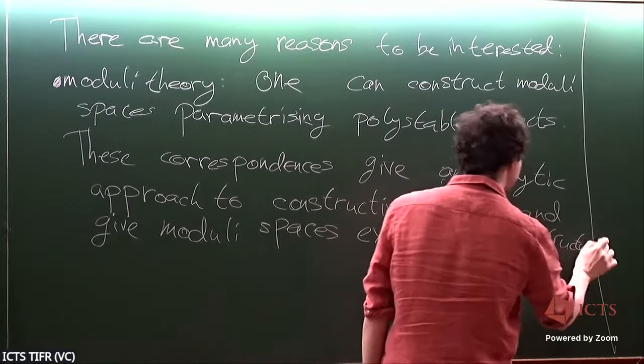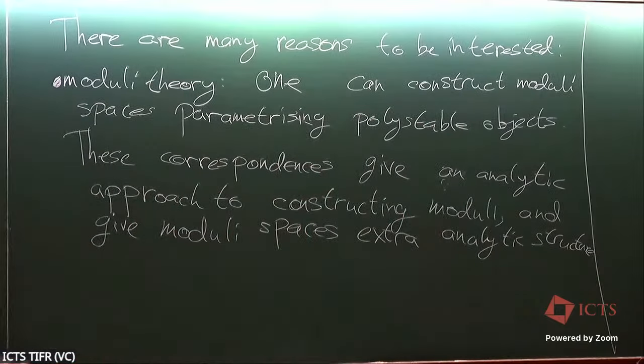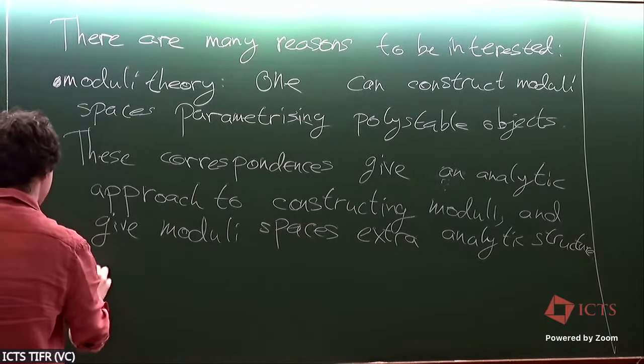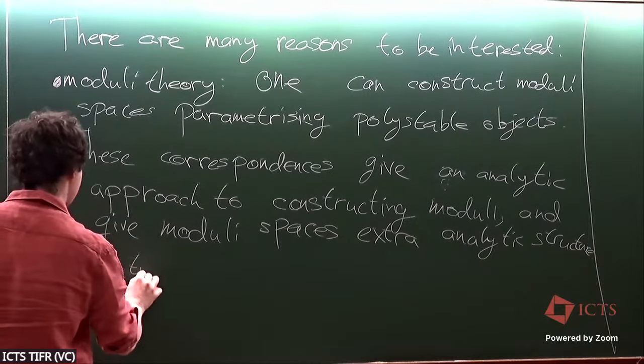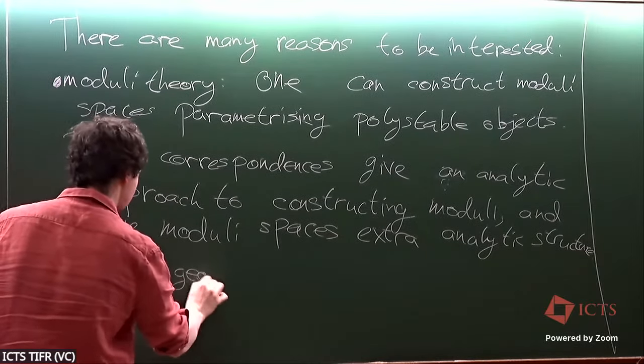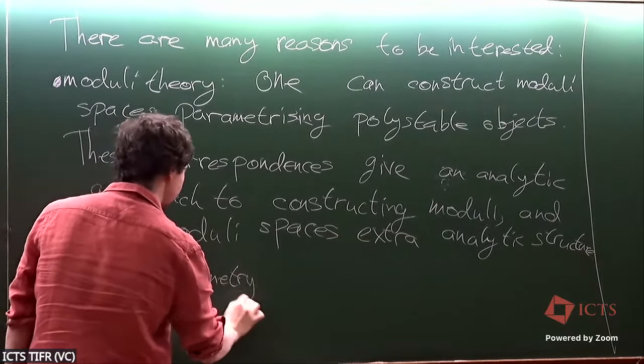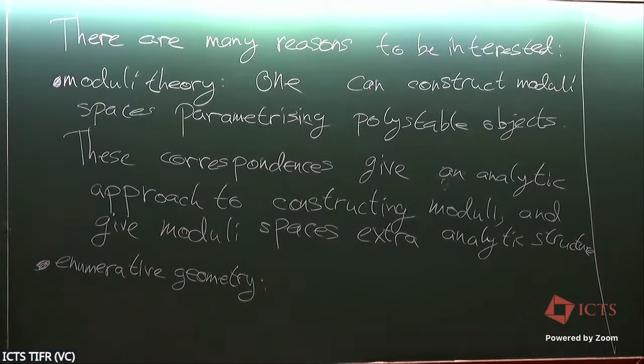Okay. So moduli theory being very fundamental in algebraic geometry, this is probably, for me, the most compelling reason to be interested in this sort of correspondence. I'll mention some others that come from slightly different perspectives. A frequent one is enumerative geometry. So in algebraic geometry or mathematical physics, we often want to count things.